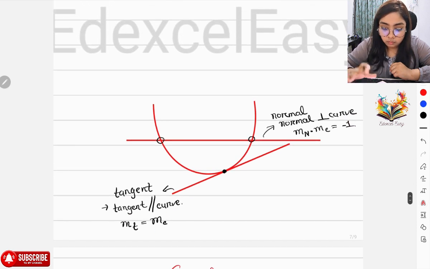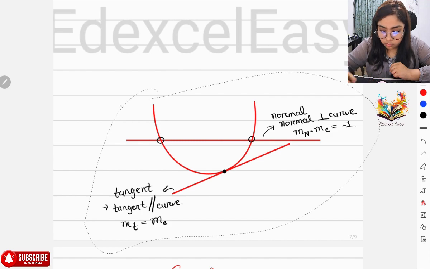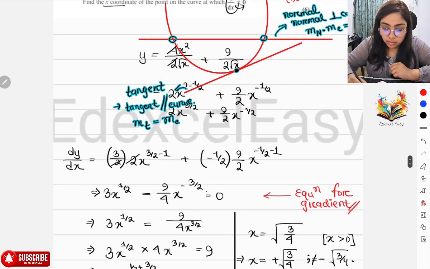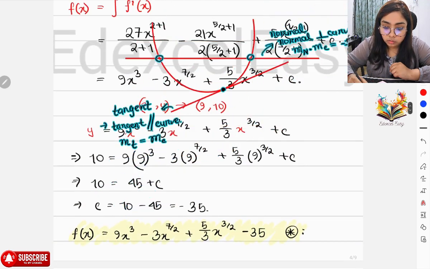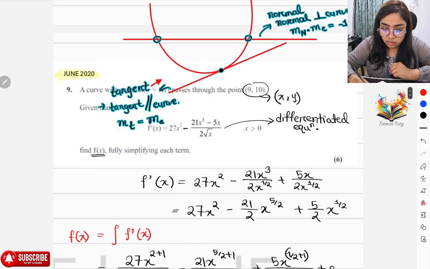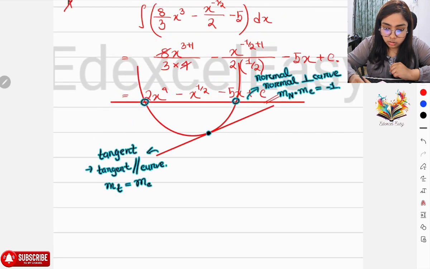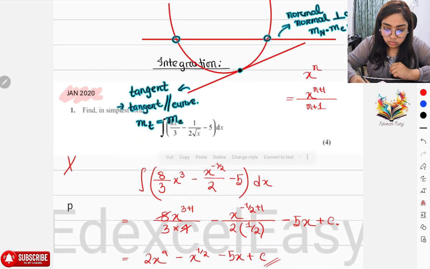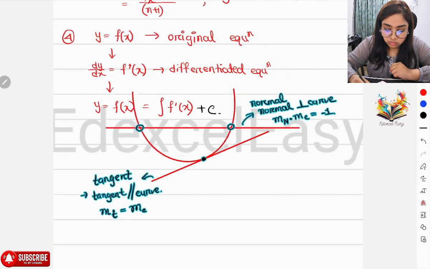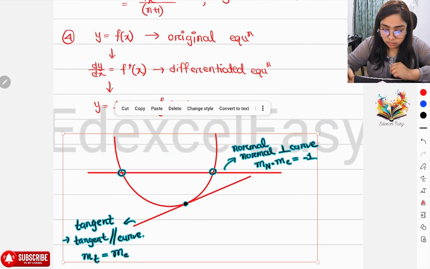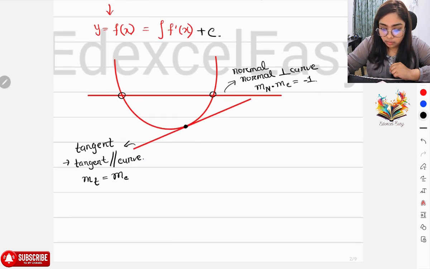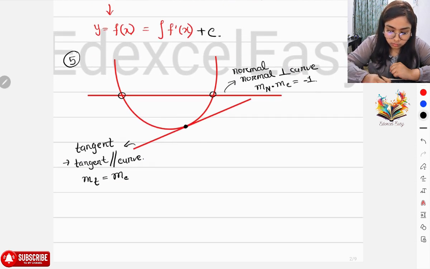This is a very important diagram, so I'll write it at the very top, with the rules I was writing at the very start of the page. I don't think I have enough space, so I'll have to draw another space for this. This is the fifth point where we wrote about normal and tangent.